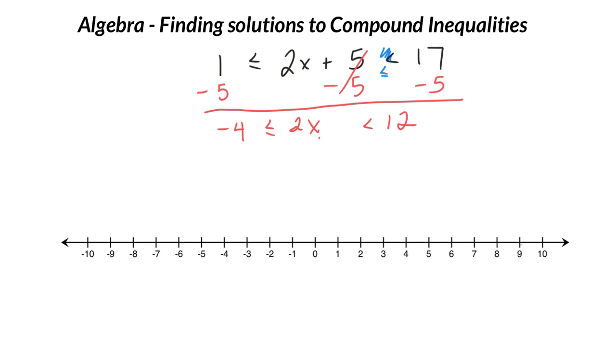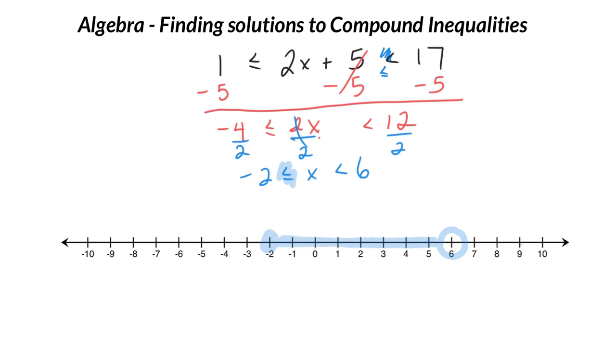Then, again, I'll divide by 2, and I'll do that to everything. So I've got negative 2 is less than or equal to x, which is less than 6. And this is very nicely bounded. We have x greater than or equal to negative 2, and less than 6, and it's simply the values that are in between.